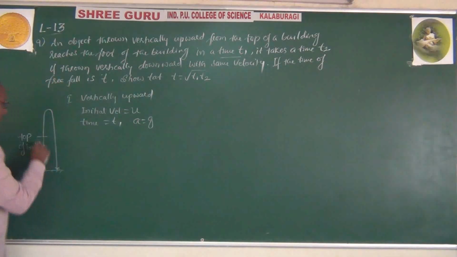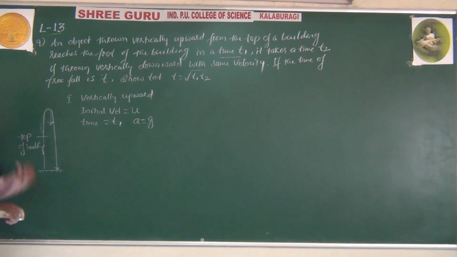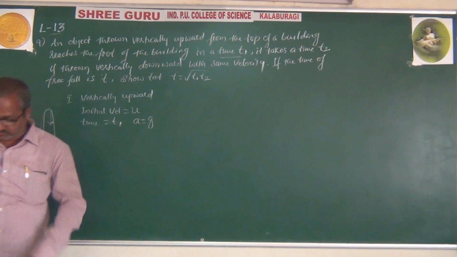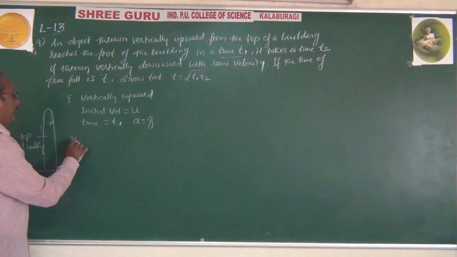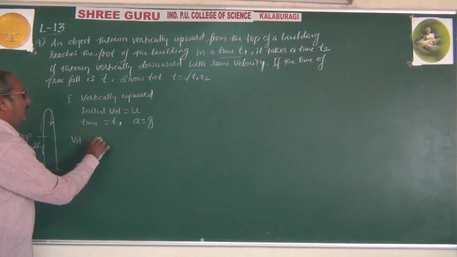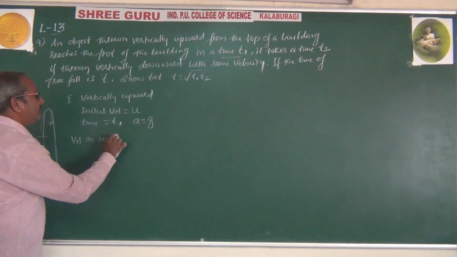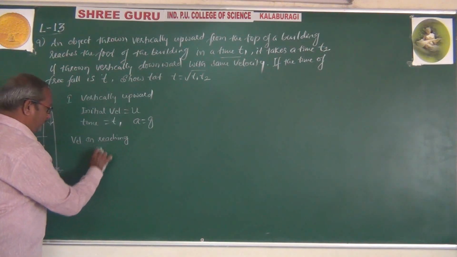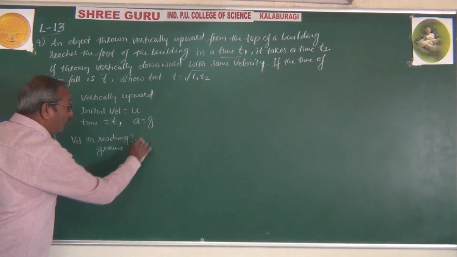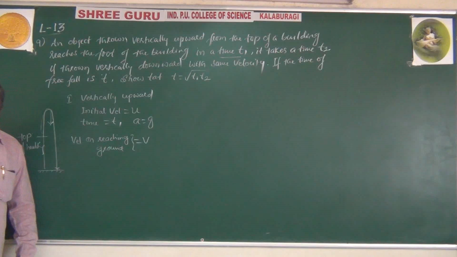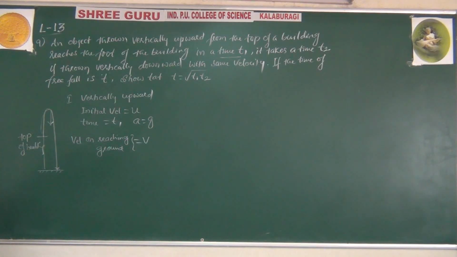A equal to g, and later it reaches the ground with a final velocity. Velocity on reaching the ground is v.